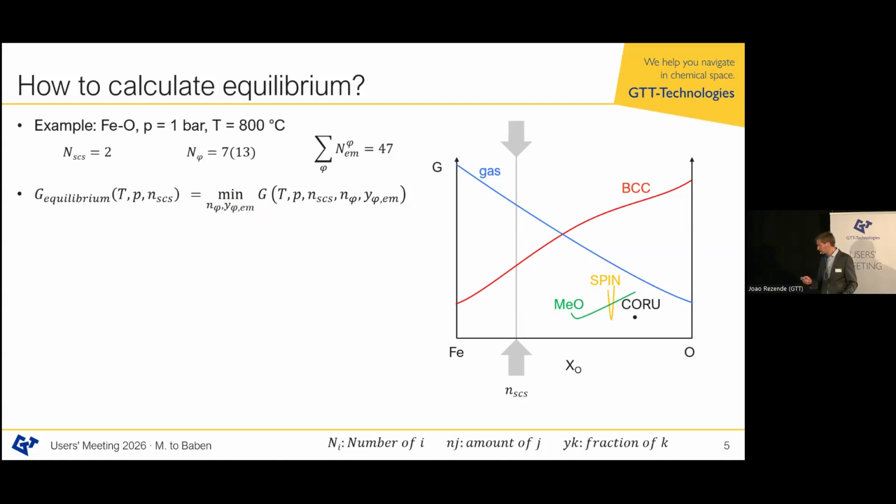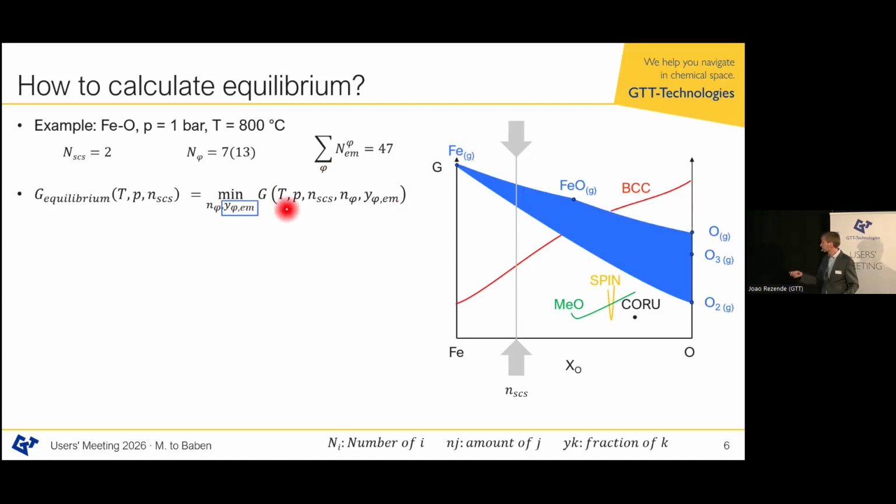So what does this mean? Considering the fraction of end members in a phase, let's say here the gas phase, this is exactly what I talked about earlier. This is the area of Gibbs energies that you can describe using the species in the gas phase, and we want to only look at the minimum of this curve.